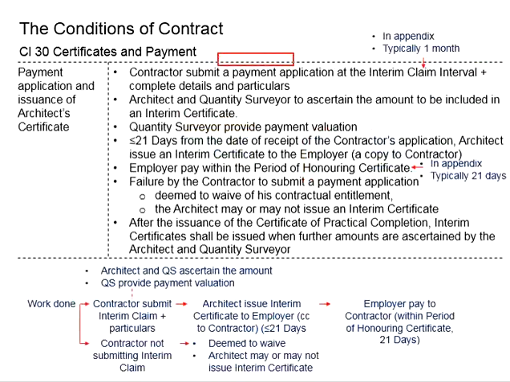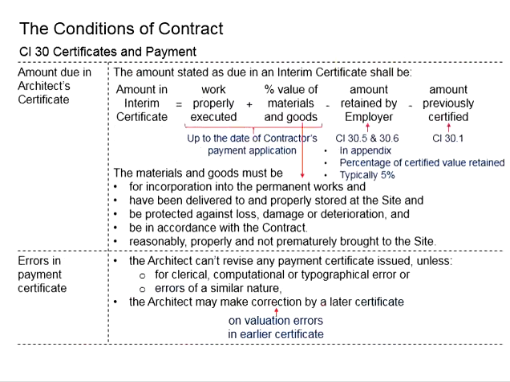You know that the payment application is done at the interim claim interval, which is typically monthly. That means you are going to expect one interim certificate each month. Upon receiving the interim certificate, the employer will need to pay the contractor. For the next interim certificate, there will be a certain amount that has already been previously certified and paid to the contractor.